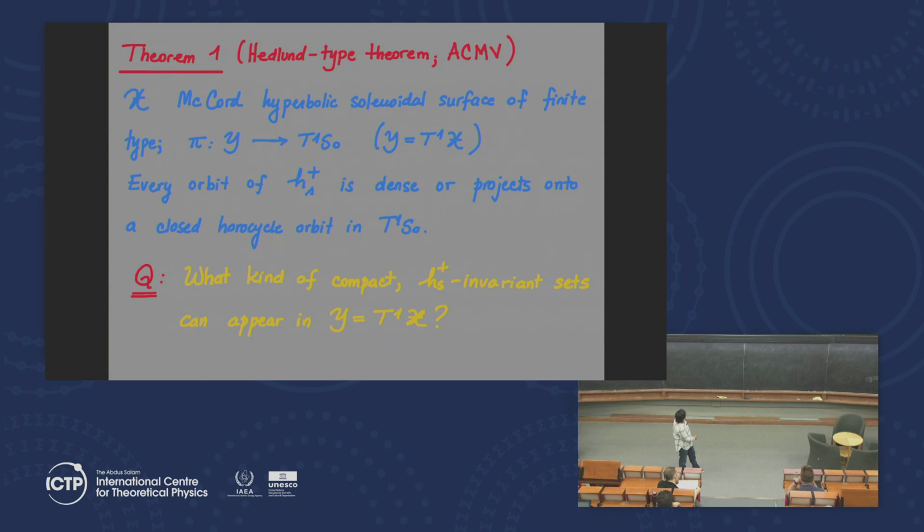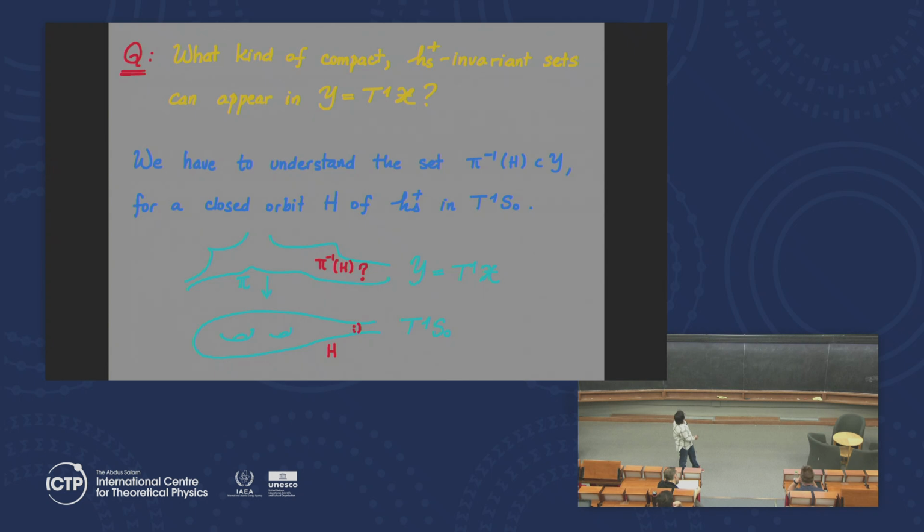So if we want to answer the question of what are the compact invariant sets under the horocycle flow, all we have to understand is what are the sets. You have here your hyperbolic solenoidal surface. Well, its unit tangent bundle projects onto the unit tangent bundle of the base surface. You have a closed horocycle orbit here, and all you need to know is what lies above it.